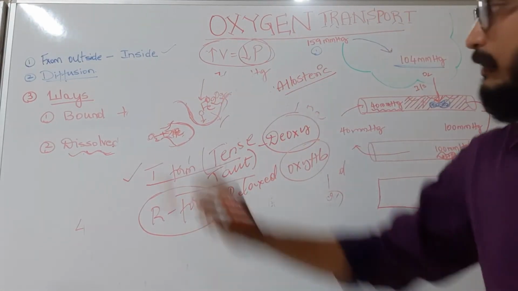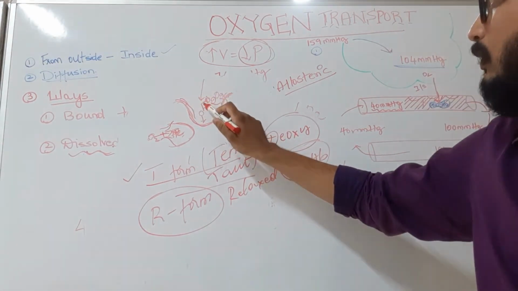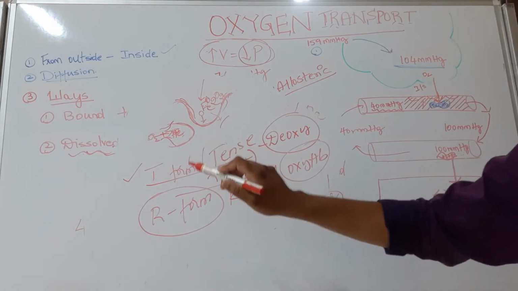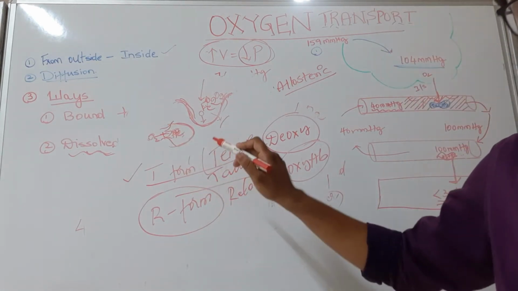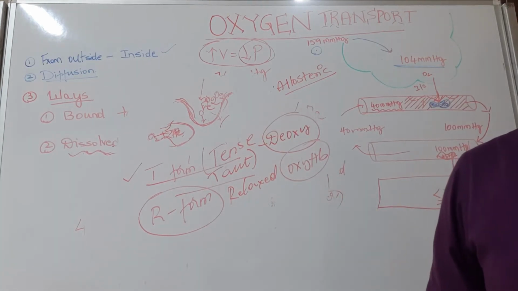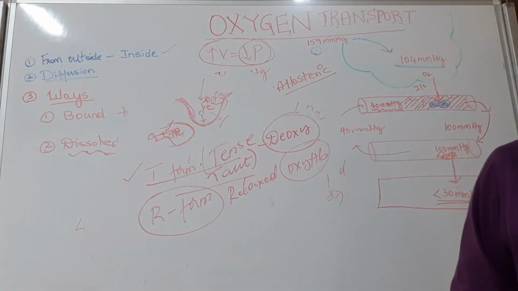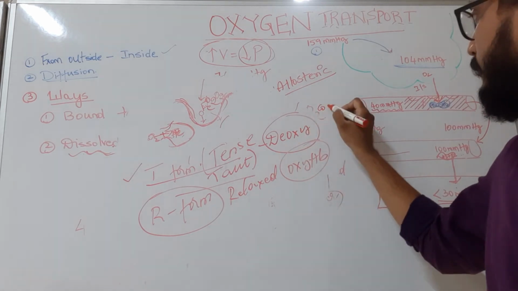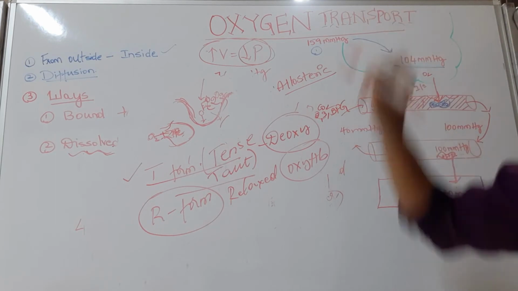This easy, enlarged space was made possible because of the first attachment by the cooperative binding mechanism. The T form of the hemoglobin is attached to carbon dioxide and is stabilized by 2,3-bisphosphoglycerate.